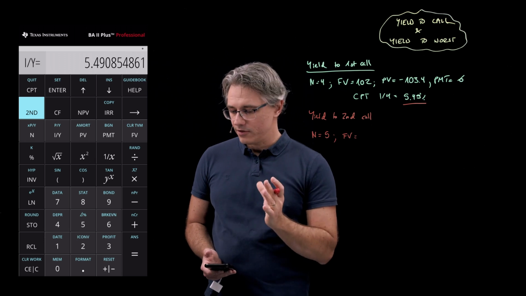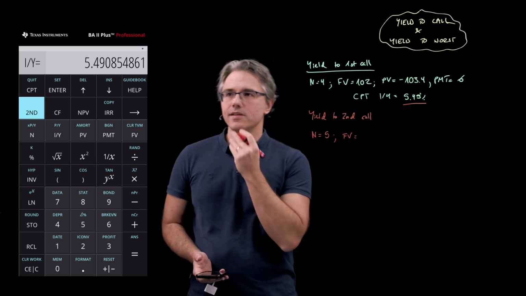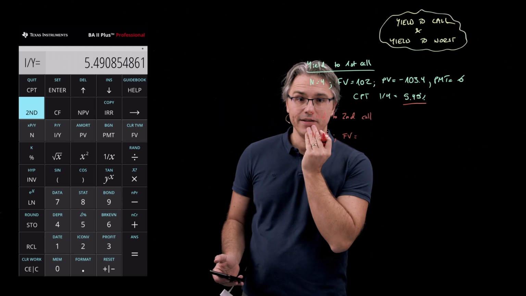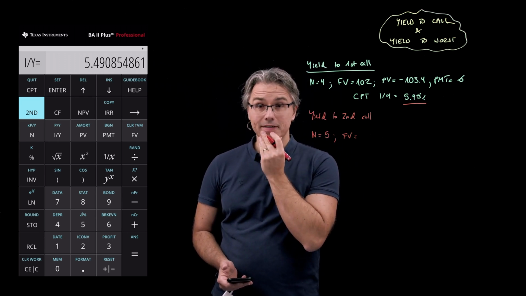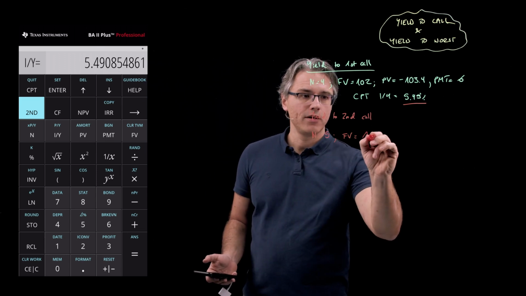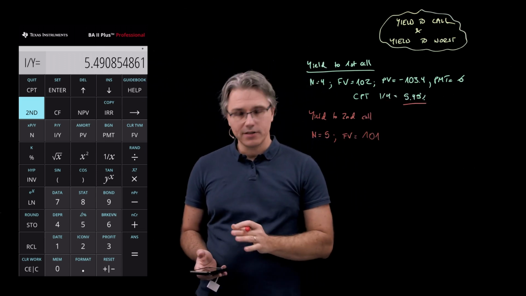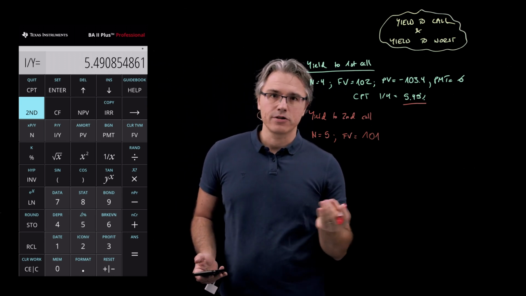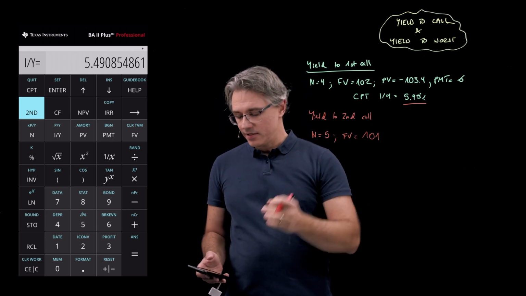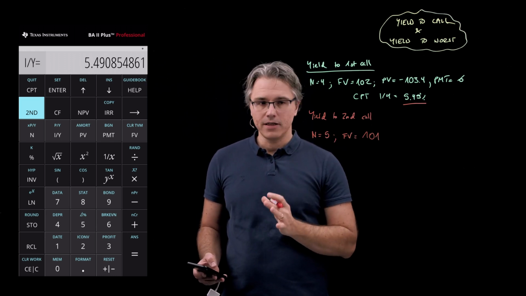So no longer 102, because the call schedule tells us that if the bond is called at the end of the 5th year, the call price is going to be 101. So I'm going to have 101 over here. Other than that, I'm going to keep all the other parameters the same. So with the time value of money worksheet on your Texas Instruments calculator, you can simply overwrite the relevant inputs.